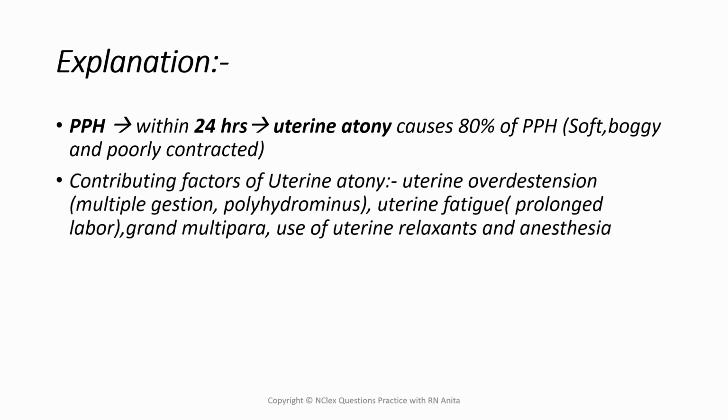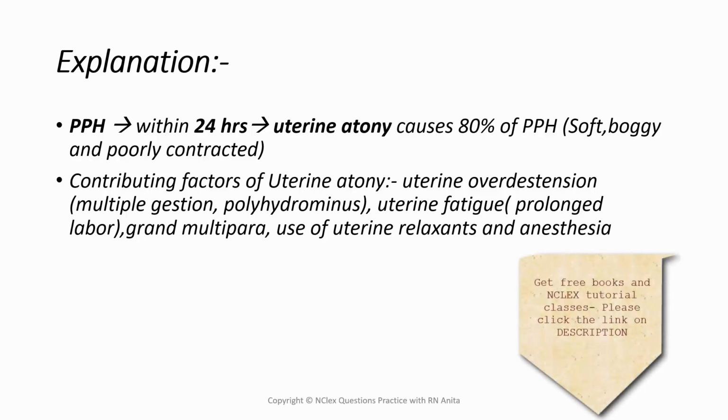Contributing factors for uterine atony are uterine overdistension, for example because of multiple gestation or polyhydramnios. There might also be uterine fatigue because of prolonged labor, or because of extreme contractions from labor-inducing drugs like oxytocin, grand multipara, uterine relaxants and anesthesia.